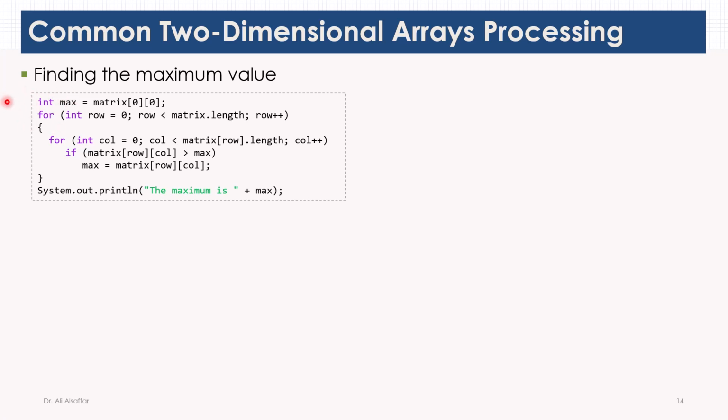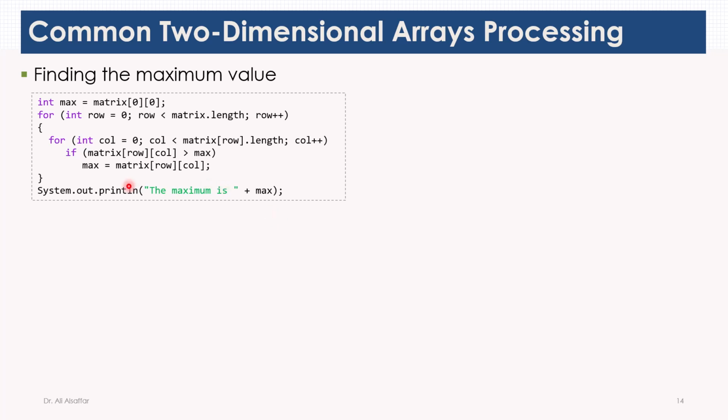Here we are assuming that the array is of type integer, and you make it equal to the first entry that is in the first row in the first column. And then you process the array elements one by one, testing these elements with this maximum. If it is greater than the maximum, simply replace the maximum with this index variable. After you finish, you print that the maximum is equal to this variable, max.